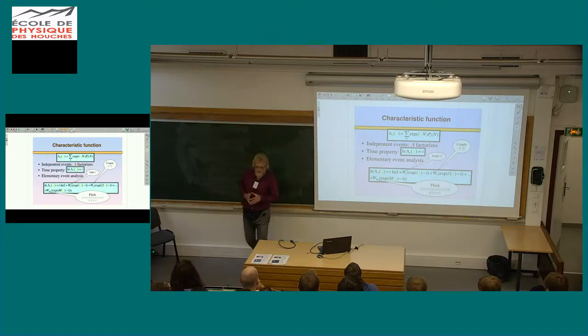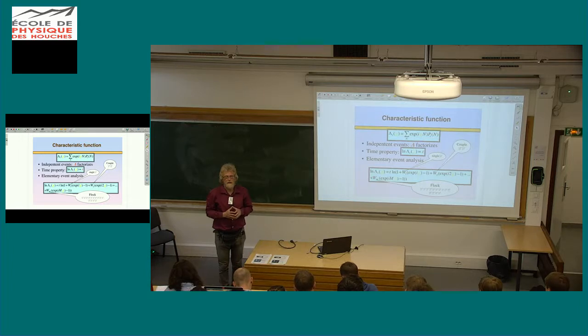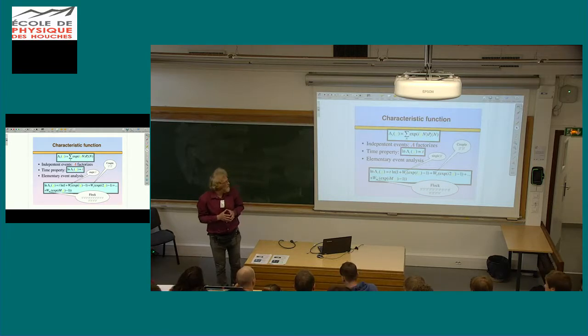I don't want to talk about probability, rather I would like to talk about the characteristic function. Who remembers the characteristic function from a probability course? It's a pity. It's a very handy concept.